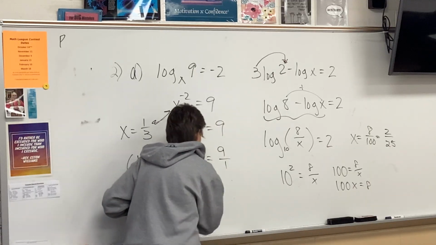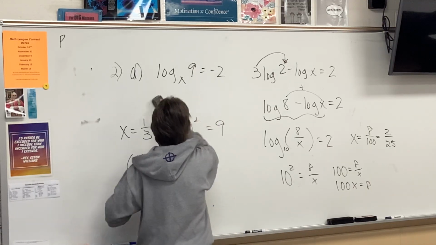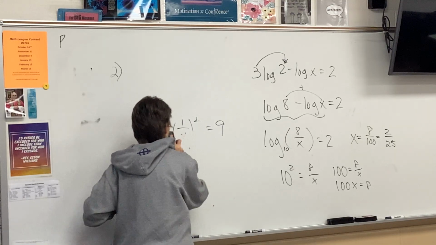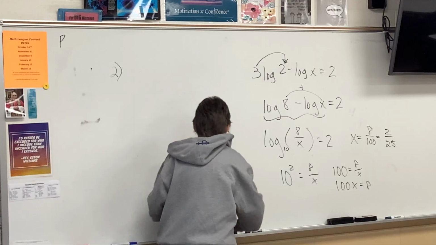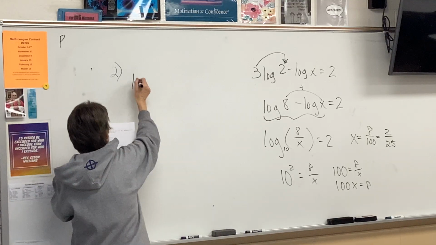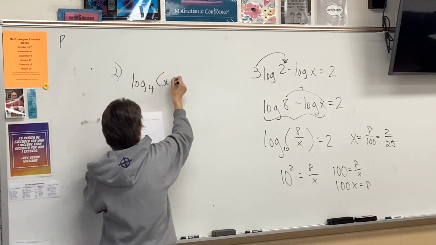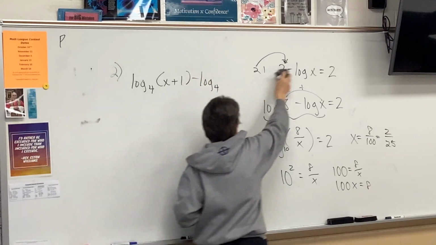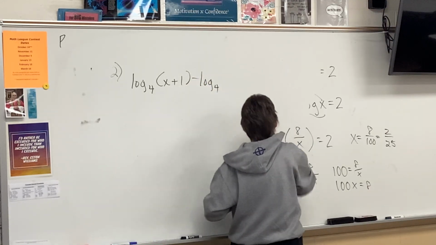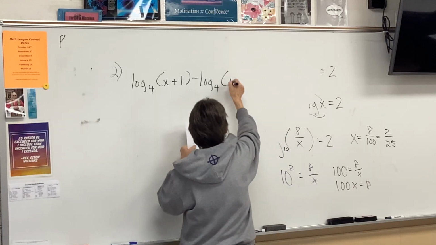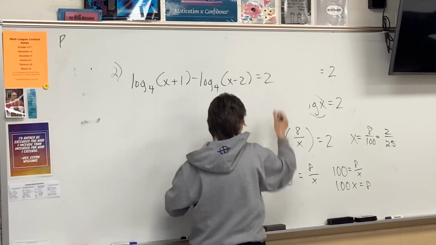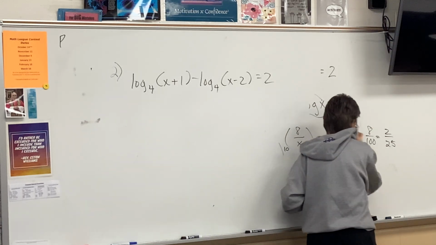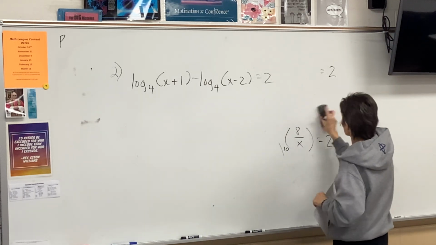All right, problem C. That was B. Sorry. Next problem. You're writing down the problems. Log base 4, x plus 1, minus log base 4. Again, we are solving, and again, there's no calculator.